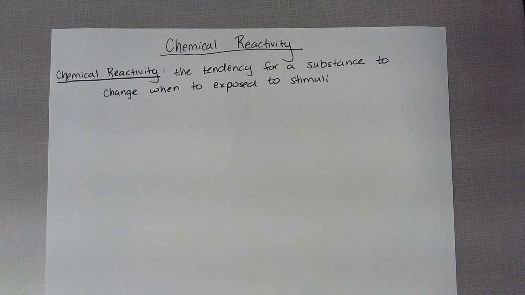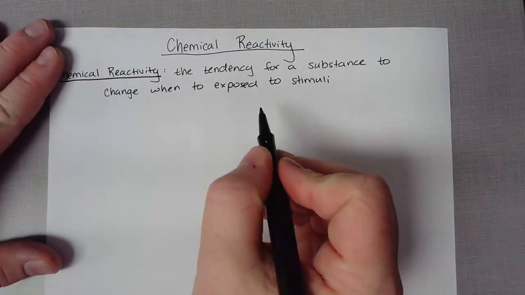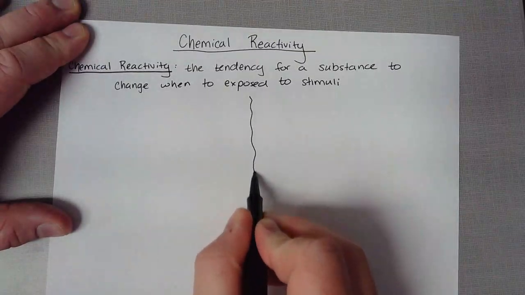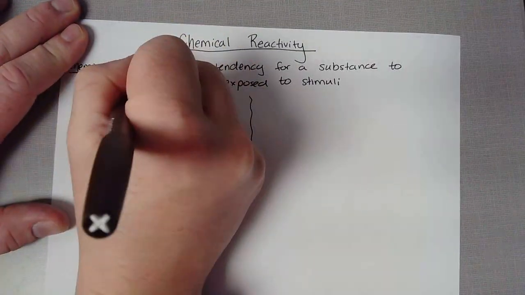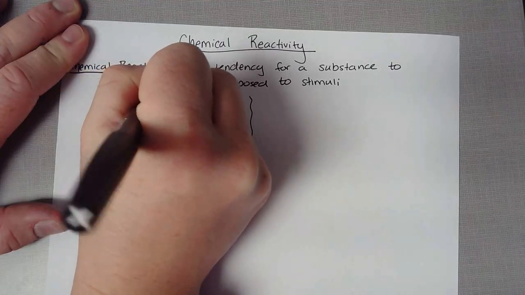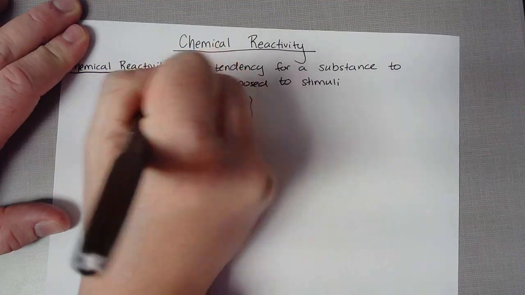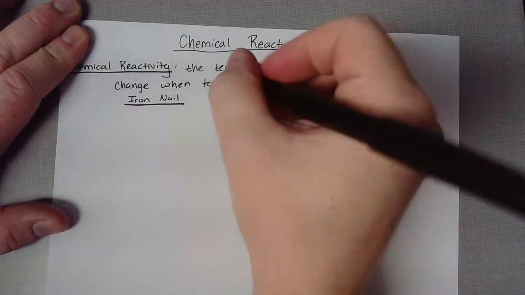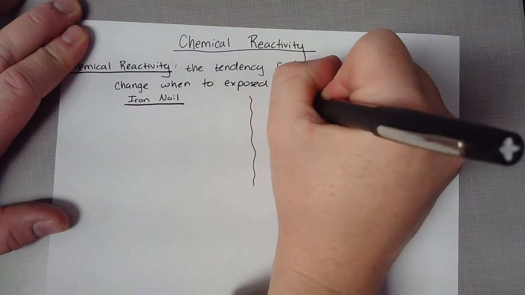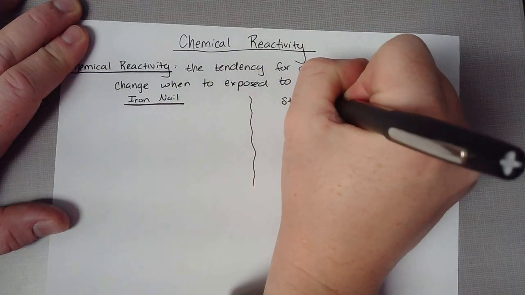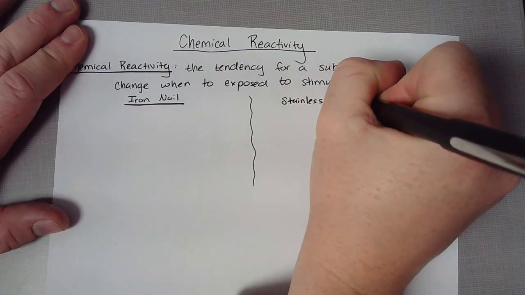Basically, all substances are reactive. Not all substances react equally. So, for example, we're going to compare two nails. We're going to have an iron nail on the left, and we're going to have a stainless steel nail on the right.